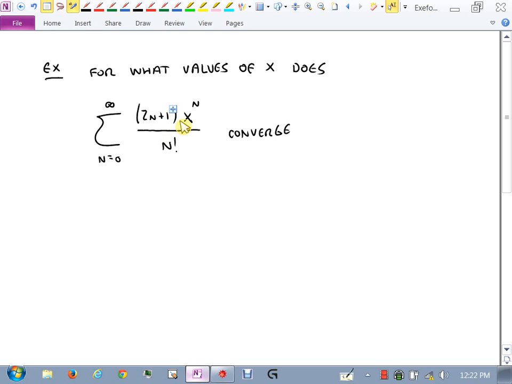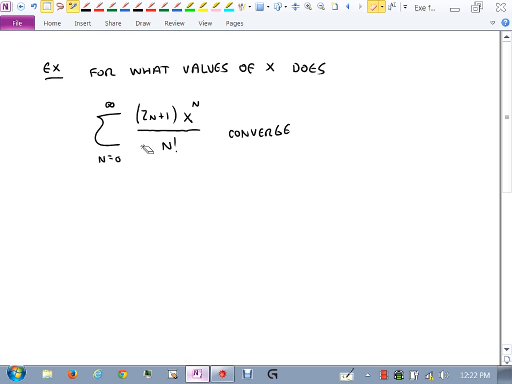For a fixed value of x, this thing's going to start adding up. So why don't I just treat this thing the way I did before when we just had numbers? And let's just see what happens to this part right here. That's something we can work with, right? That's what we were doing in the previous sections.